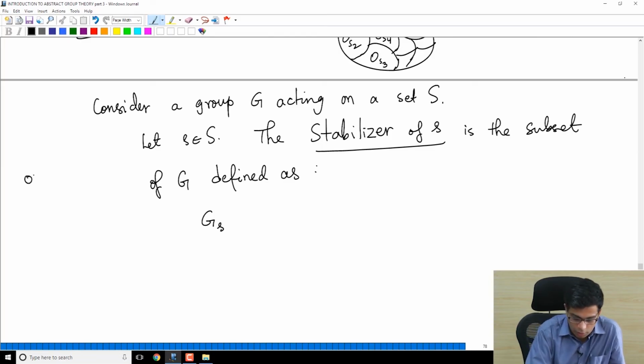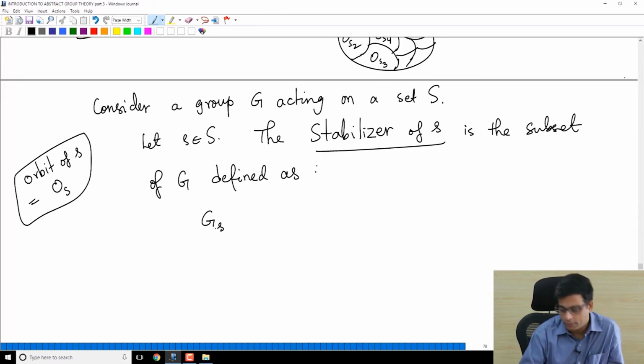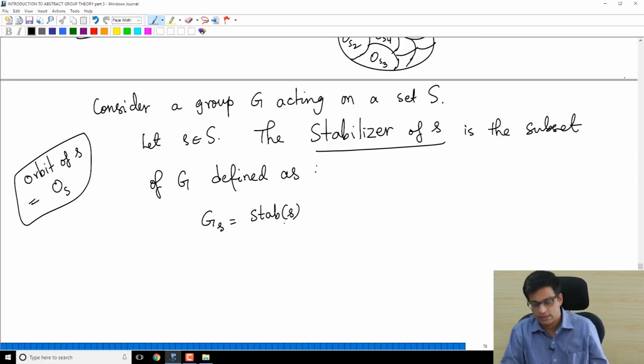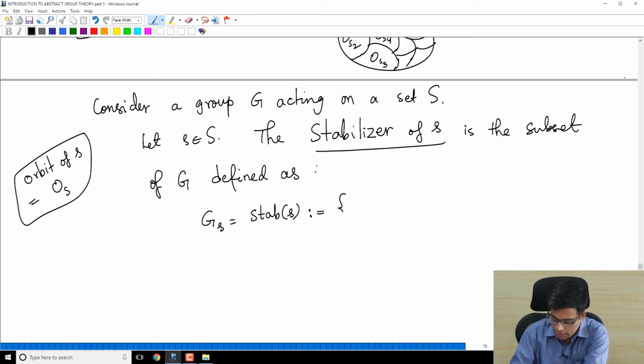Remember the orbit of s was denoted by O_s. Now I am defining the stabilizer as G sub s, or sometimes I will use Stab of s just for clarity. This is a subset of G.